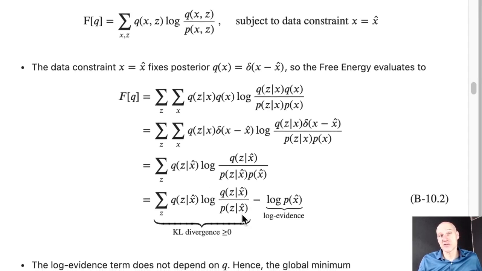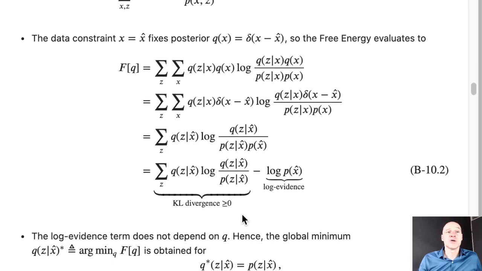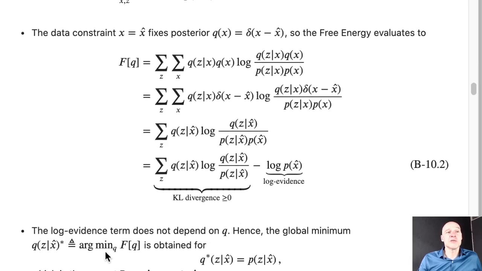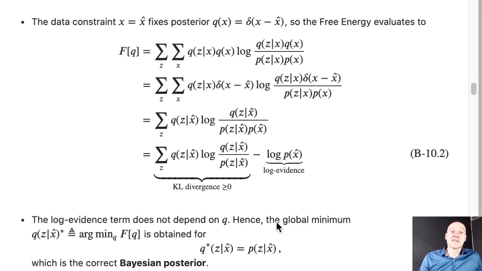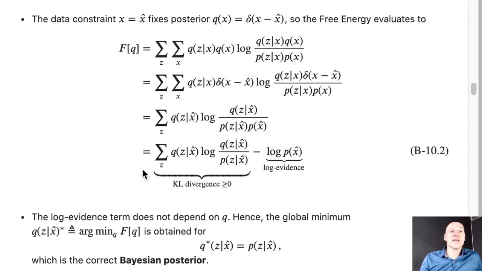Well, that's the Bayesian solution, right? So I get my global minimum if Q star equals the Bayesian posterior. At the same time, this term goes to 0, and all I'm left with is basically minus log P of x hat.